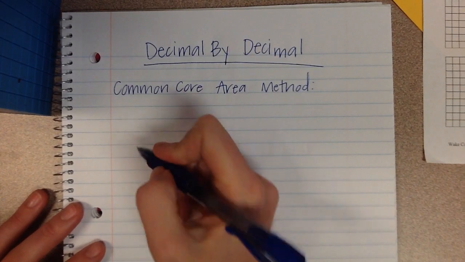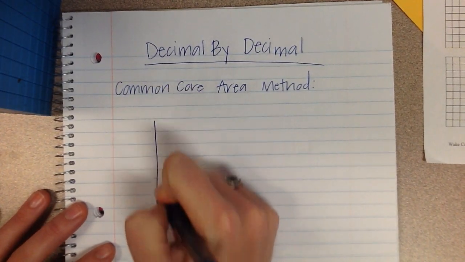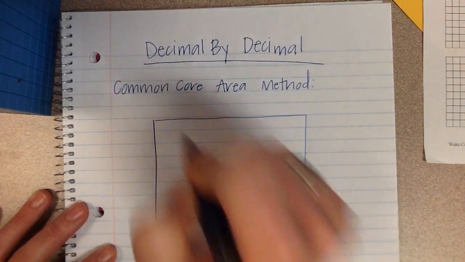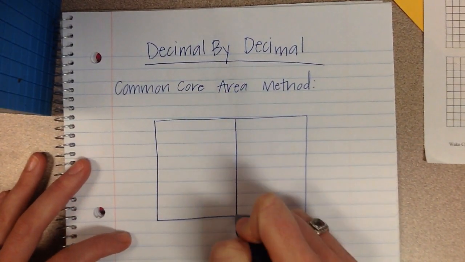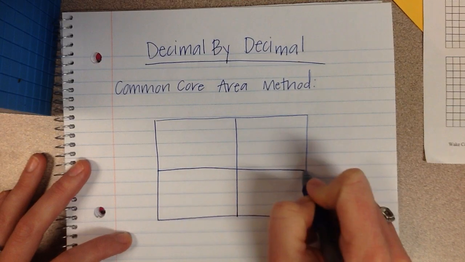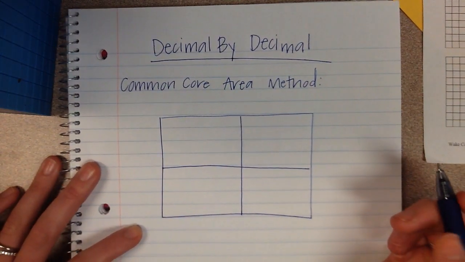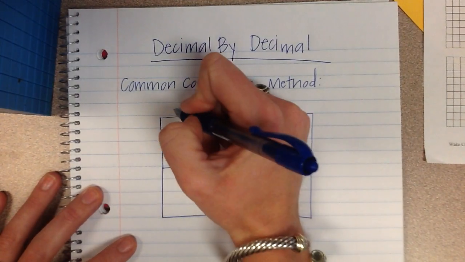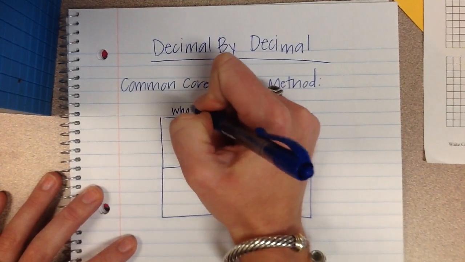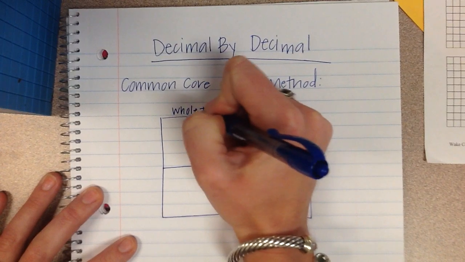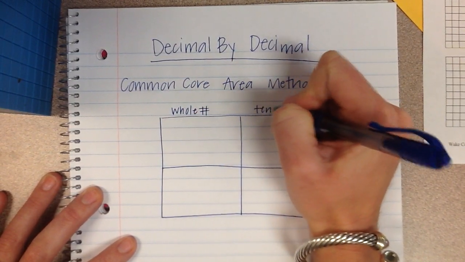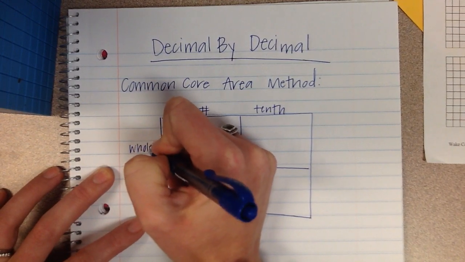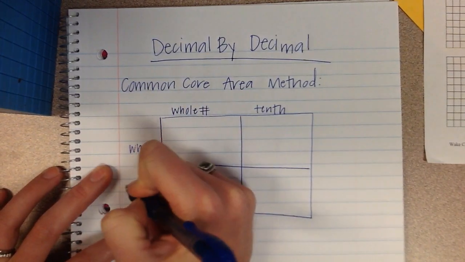So I want to go ahead and we're going to put a rectangle. We're going to get kind of the basics first. Okay, so this is going to be very general, but if you have a whole number, and then you have a tenth, and then you have a whole number, and then you have a tenth.